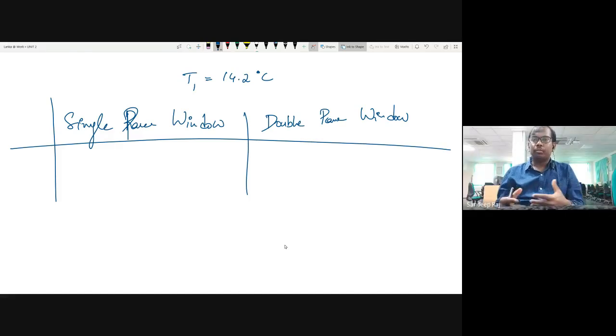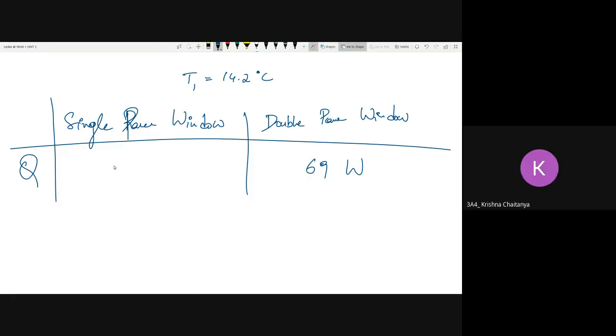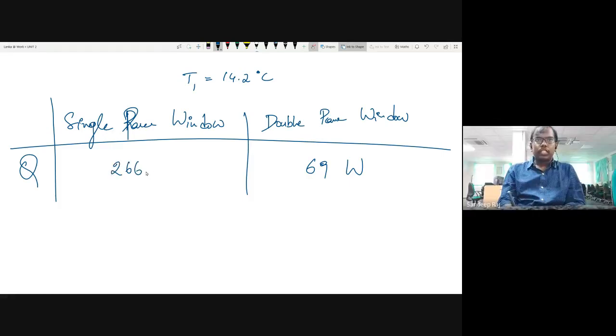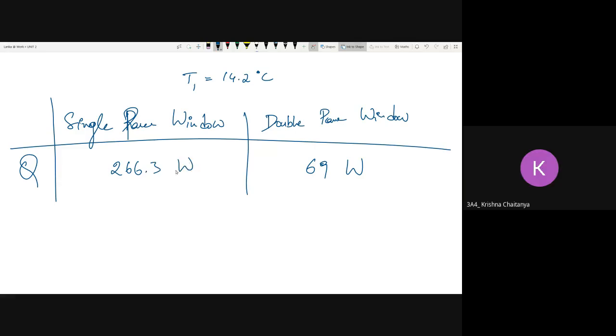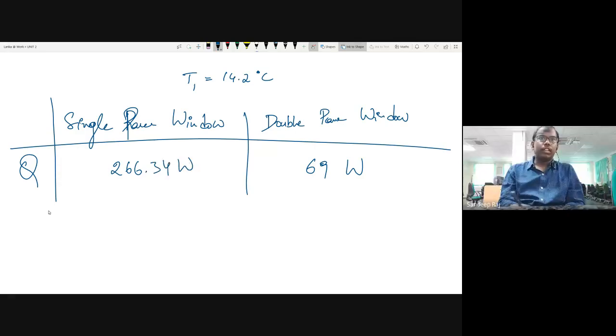So what is the Q value in the single pane window? It is around 260, something like that. This is 69 watts here. In the previous problem we did, what is the Q value for the single pane window? 266.3. Okay. What is the T1 value?